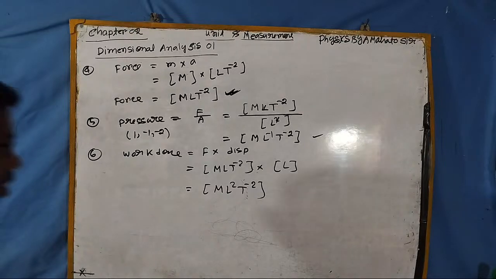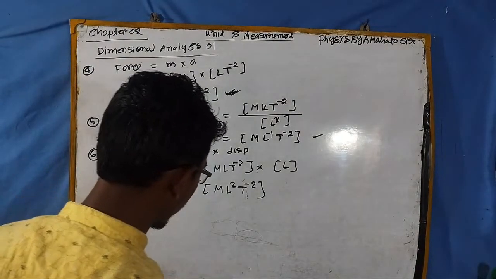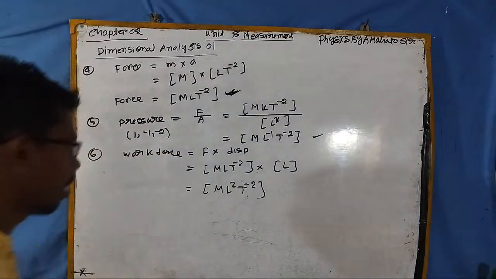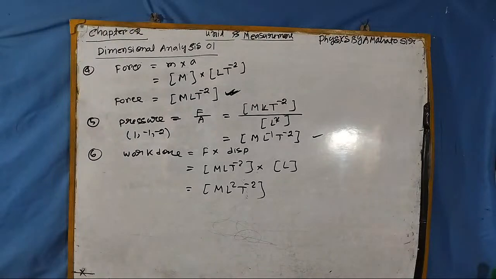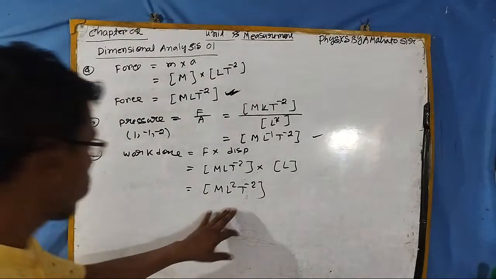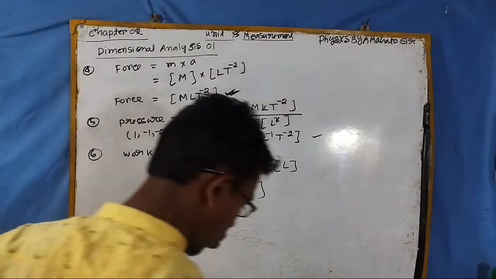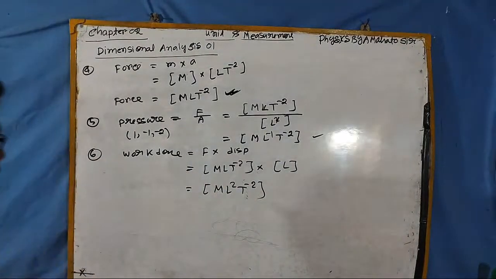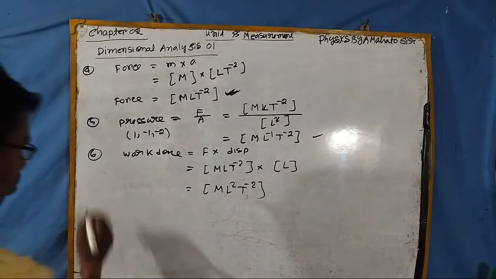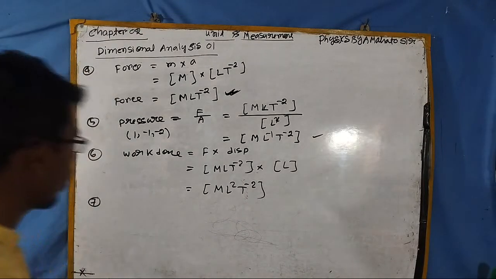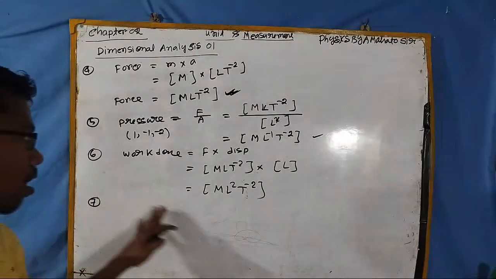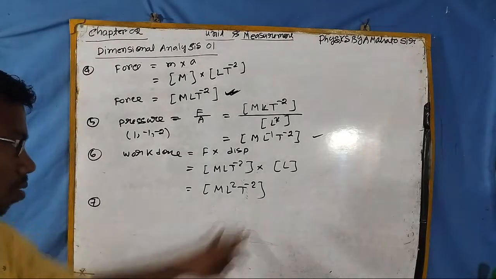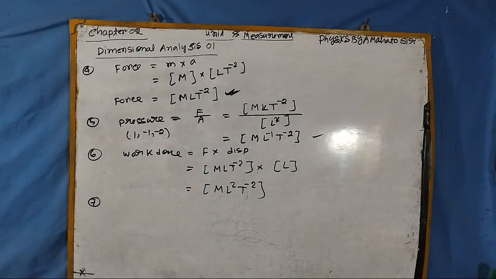Work and energy both have the unit joule. Number 7, energy. Work unit is joule and energy unit is joule. The unit is the same, so the dimension is the same.